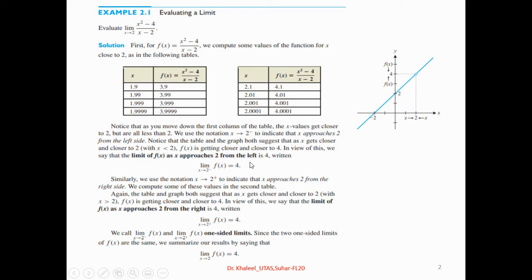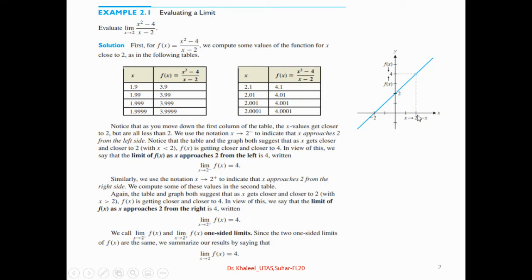So what is happening is that this table and this graph suggest that as x gets closer and closer to 2, with x less than 2, f(x) is getting closer and closer to 4. You see 3.999 for x closer to 2, and graphically also you are going to put 2. What is this open circle?